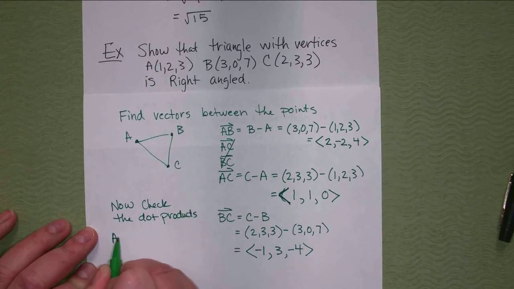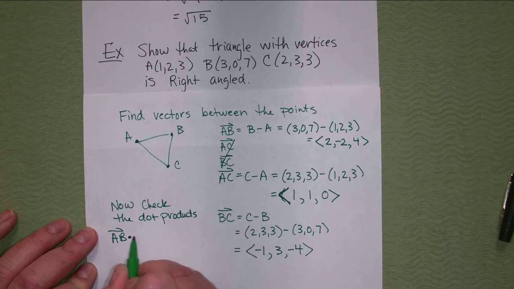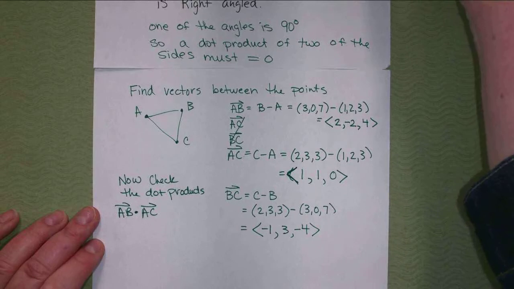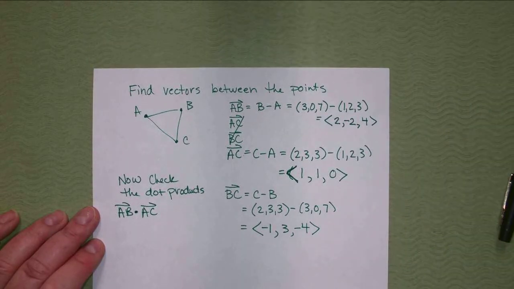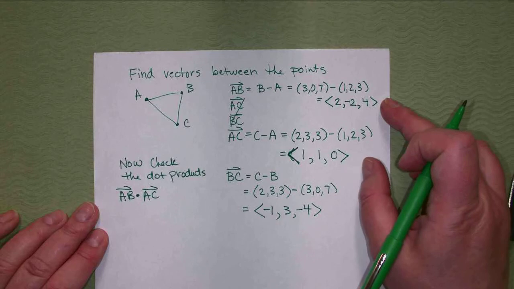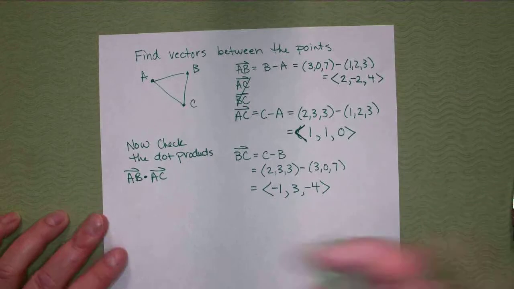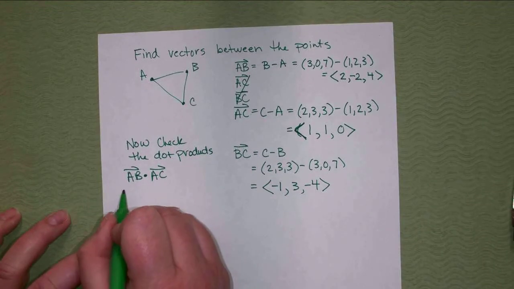So we might do AB dot with AC. Is this one going to give us a 0? Yeah, it is. I was hoping you would see that.